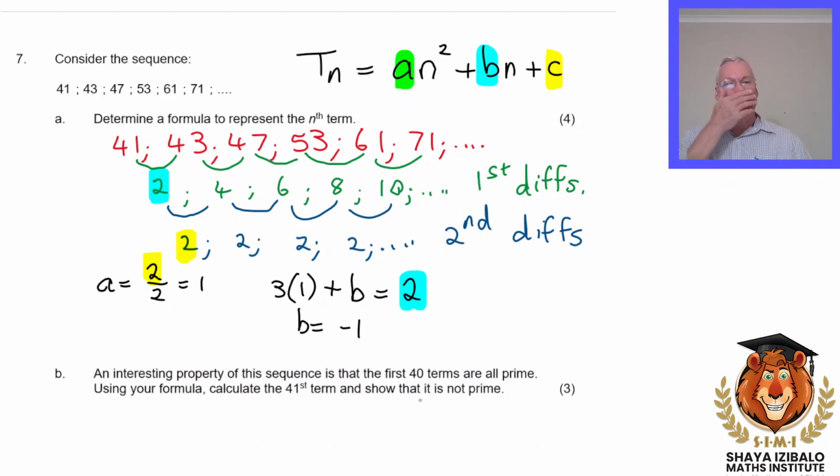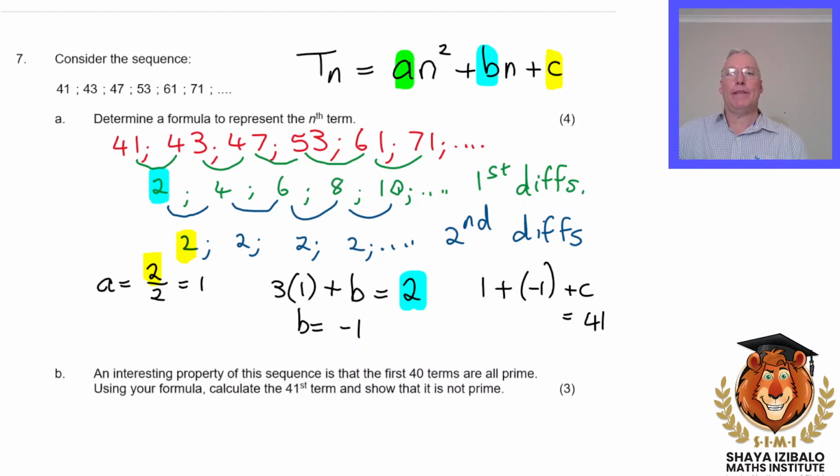And then the last thing is that we can use any term, and maybe the most obvious one is if n is 1, then we get A plus B plus C, and that must be the first term of the entire thing. So we know that A, which is 1, and B, which is minus 1, and C, must all add up to 41.